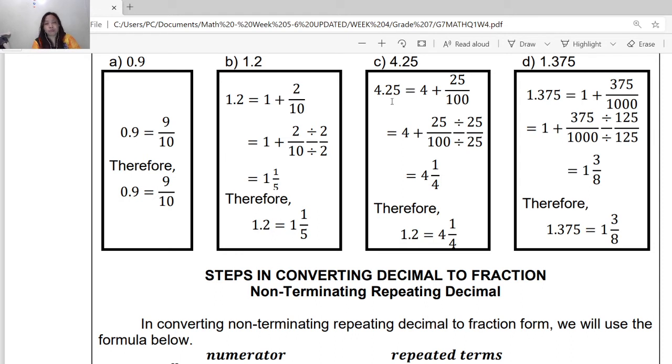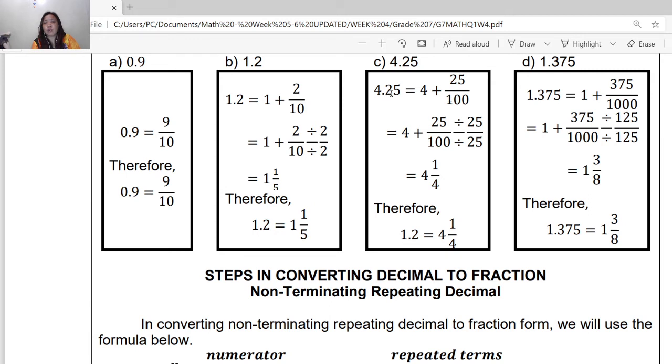Next, we have letter C, number 3, 4.25. Again, rewrite the 4 there. This 0.25 is the decimal part. So move 2 places to the right, that will become 25. Then you write 1.